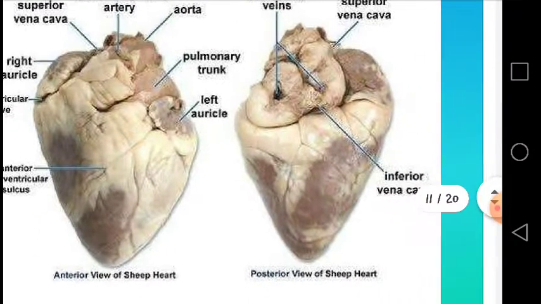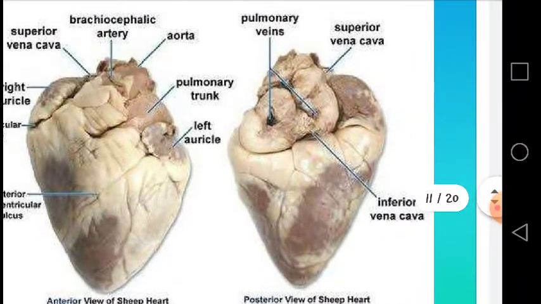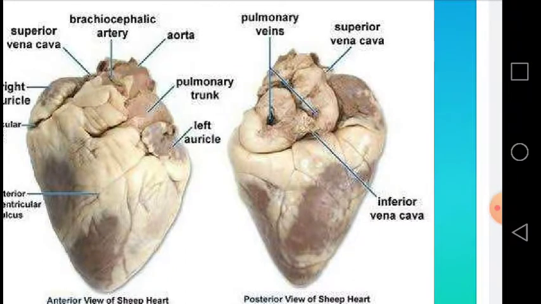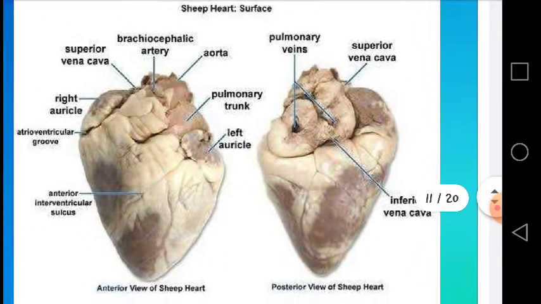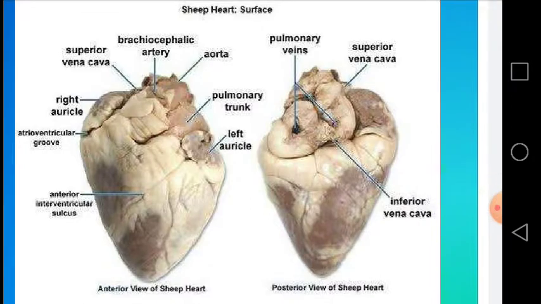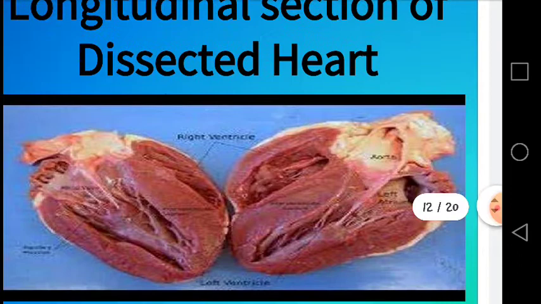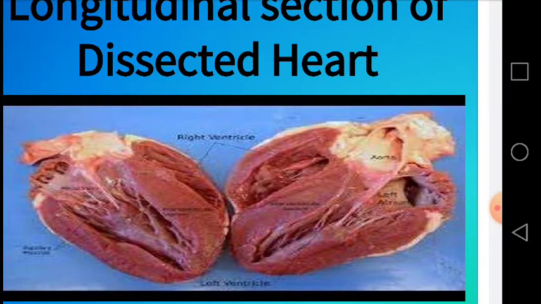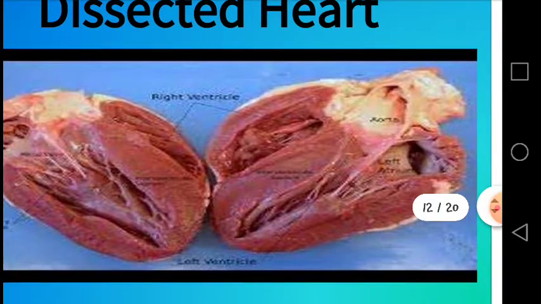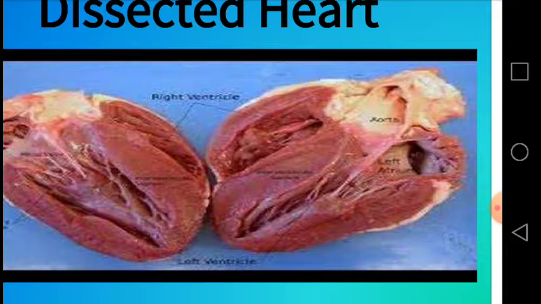And if we look at the posterior view of the sheep heart, you can also see the superior and inferior vena cava and the pulmonary veins. This is the surface view of the sheep's heart. Now we are going to cut the sheep's heart into two longitudinal sections, and this is the dissected longitudinal section of the sheep's heart.